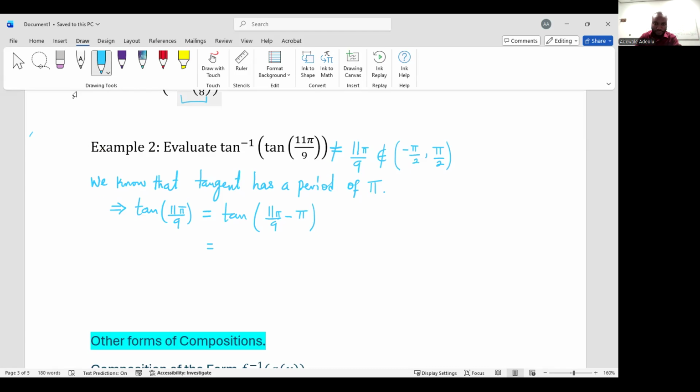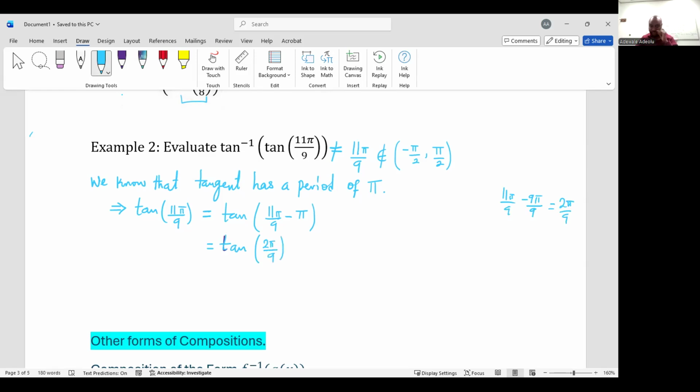Okay, my pen is not writing. Interesting. Okay, tangent of, I can just quickly do it. 11 pi over 9 minus pi, which I can write as 9 over 9. So which is 2 pi over 9.